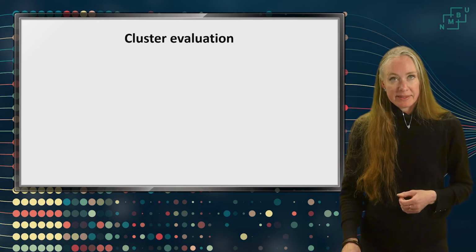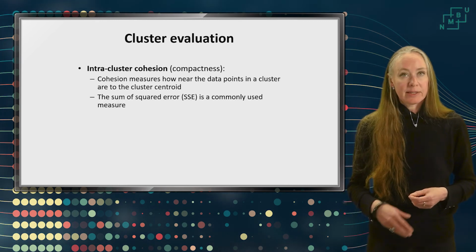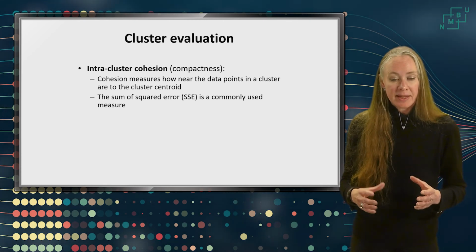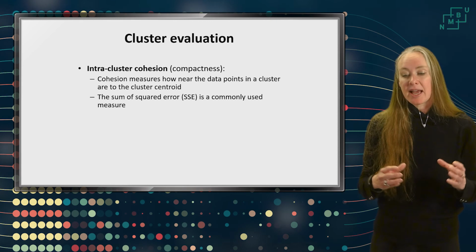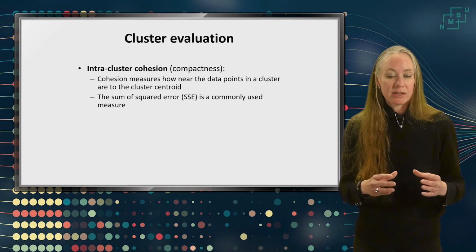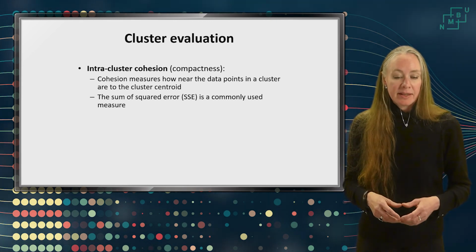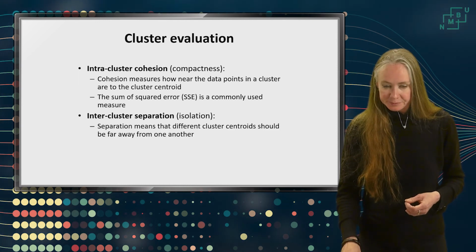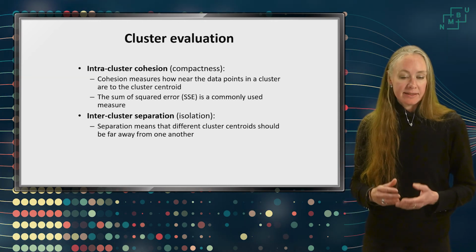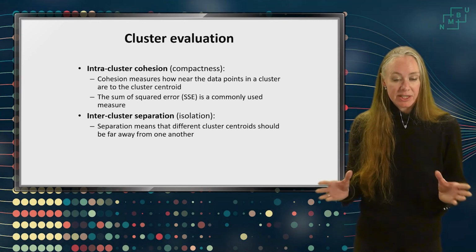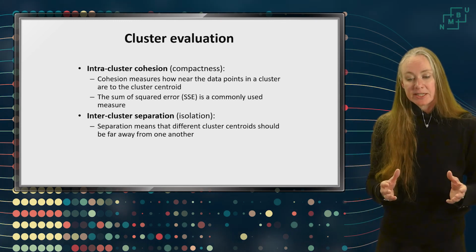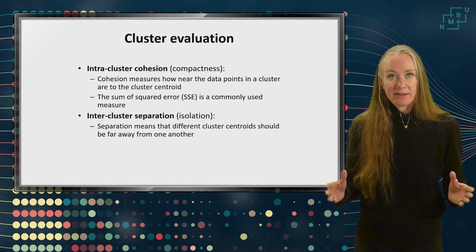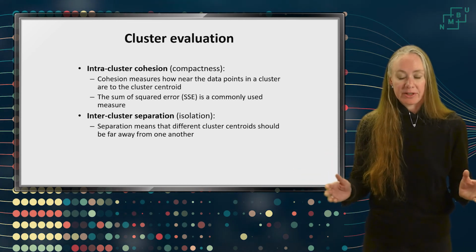We can evaluate cluster results by calculating, for example, the intra-cluster cohesion or compactness of the clusters. Here, cohesion measures how near the data points in a cluster are to the cluster centroid. The sum of squared error is a commonly used measure here. We can also calculate the intercluster separation or isolation, where separation means that different cluster centroids should be far away from one another.